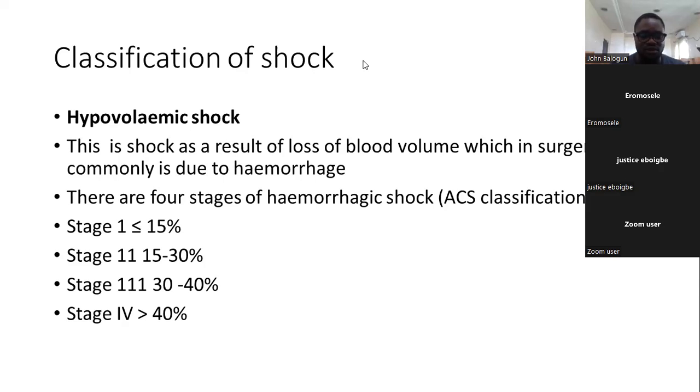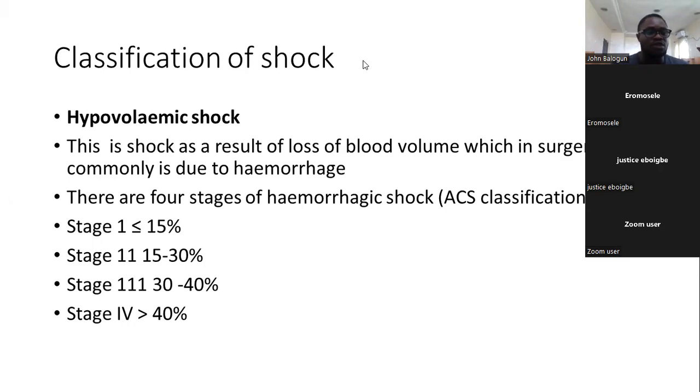For stage 2, the question will come out that the patient lost blood, maybe had a road traffic accident, was bleeding, the bleeding was arrested, and they tell you the pulse rate. Maybe the pulse rate is 120, maybe 130. The range for stage 2 pulse rate is within 120 and 140.